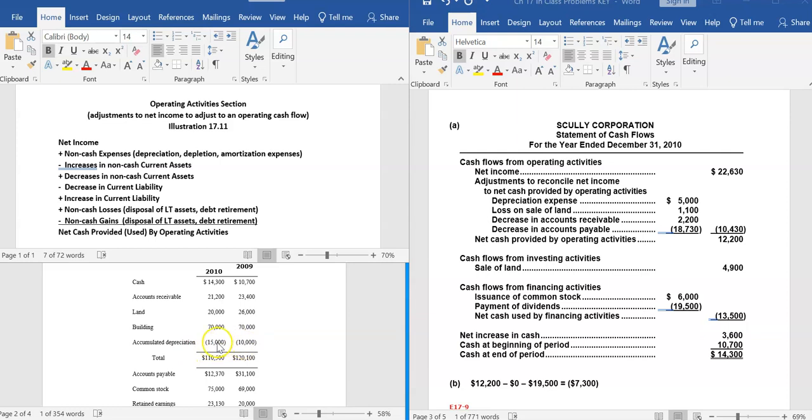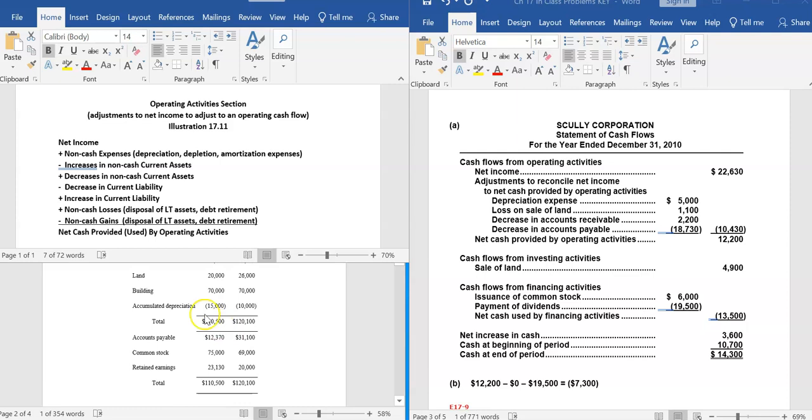That means that we must have recorded depreciation expense during the year of $5,000. Thus, the amount of depreciation expense that we need to add back to net income is $5,000. So we have started to adjust this back to a cash flow number by adding back depreciation expense.